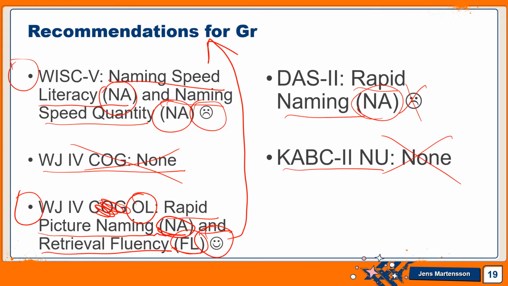But if you're doing naming facility for dyslexia and it's an older child, you don't want to do pictures, you want to do letters. So that might not be the test. You might just have to put together other options, maybe like the naming speed literacy and the retrieval fluency, and put that in XBASS and get a composite.